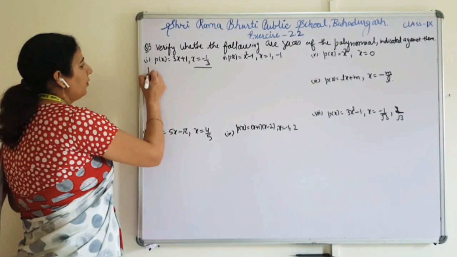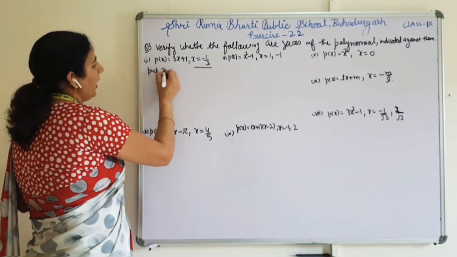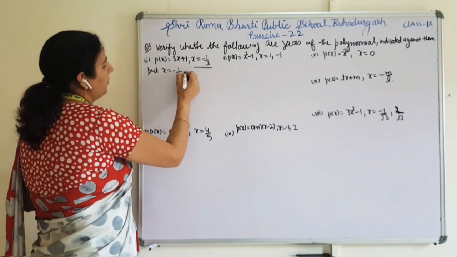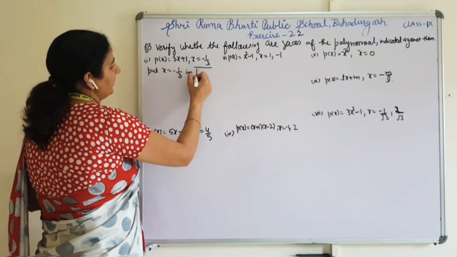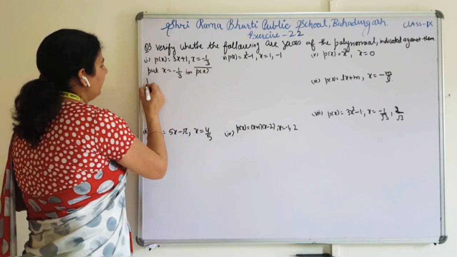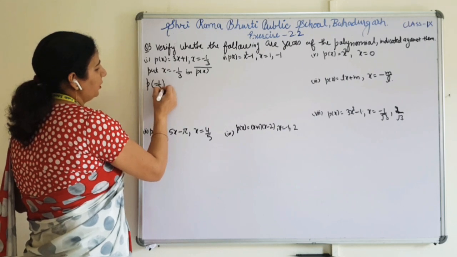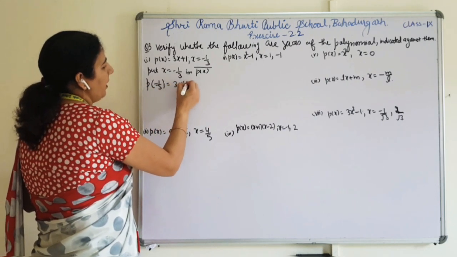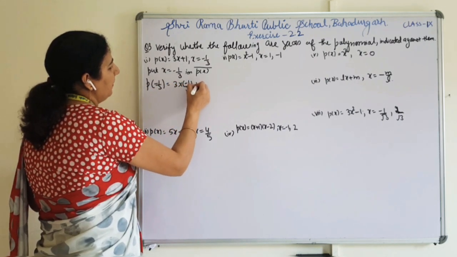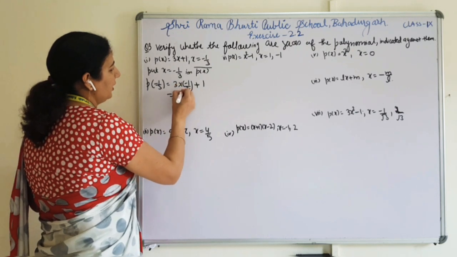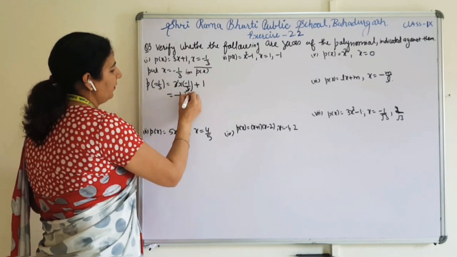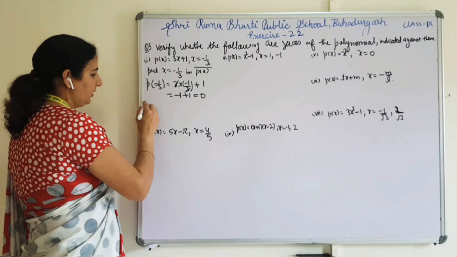So what we are going to do, we are just going to put x is equal to minus 1 upon 3 in p(x). So p(x) will be now p(-1/3) = 3 into minus 1 upon 3 plus 1. 3 and 3 cancel. Minus 1 plus 1 is equal to 0.